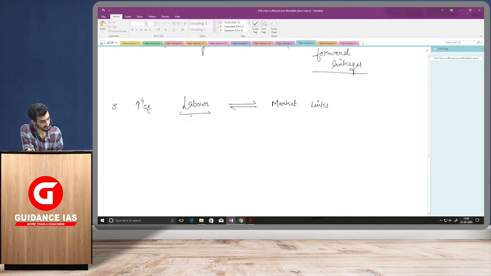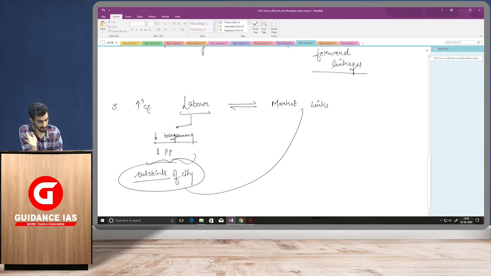See, labor has less bargaining power and less purchasing power, and is usually situated on the outskirts of the city, and therefore every day it travels to different parts of the city and to the core area of the city at times.